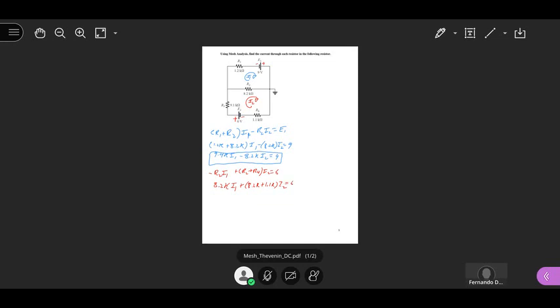Equal to 6 because of E2. And this is minus here, right? Minus 8.2k times I1 plus 9.3k times I2 equal to 6. And that's my equation number 2.